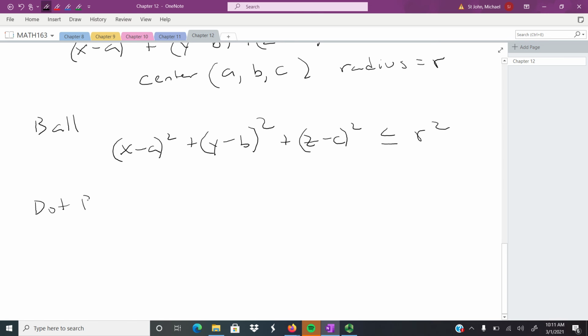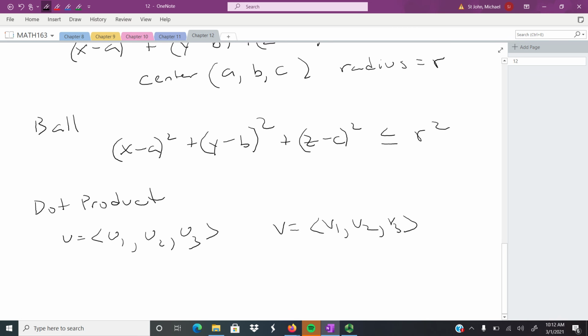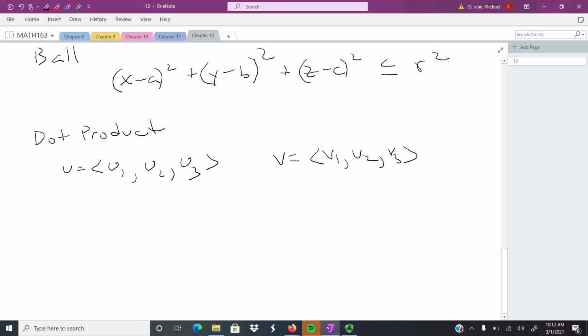Dot product. So vector u has the coordinates u1, u2, u3. Vector v has v1, v2, v3. Then u dot v is u1 v1 plus u2 v2 plus u3 v3. Right?